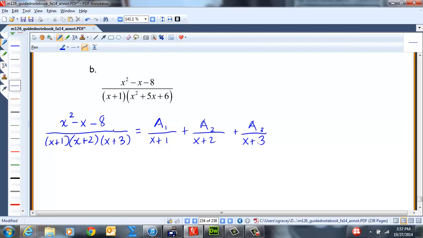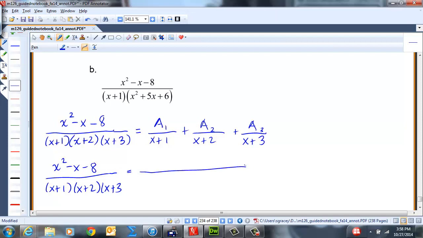Okay, let's see how you did. So we have x squared minus x minus 8 over x plus 1 times x plus 2 times x plus 3 is equal to, so I'm going to go a little faster this time.